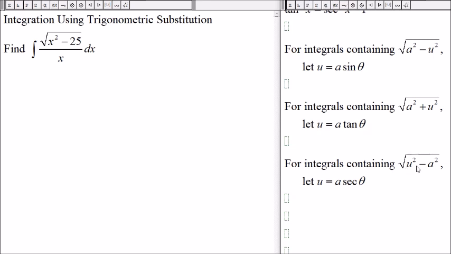And if we have the square root of u squared minus a squared, then we would let u be a secant theta. So if we look back at our integrand here, we have something that looks like u squared minus a squared, and the suggestion is that we let u be a secant theta.